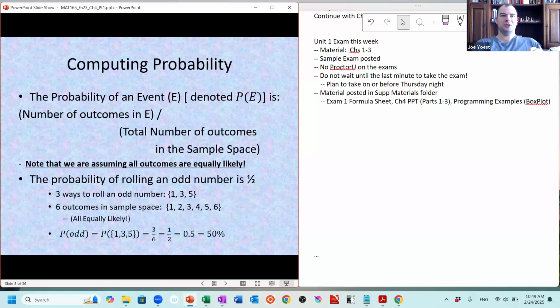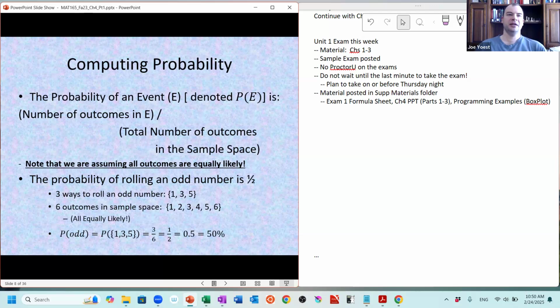I roll it once, I get a 2, I mark an X in the did-I-get-an-odd-number question? No, I did not. I roll a second time, say I roll a 3, I get a check mark. I did roll an odd number that time. Roll a third time, I roll a 4, X. Roll a fourth time, I get a 1 that time.